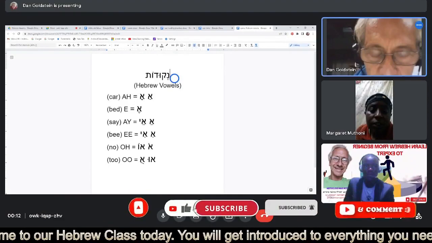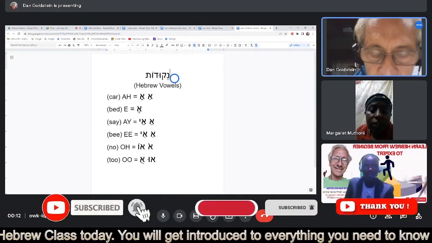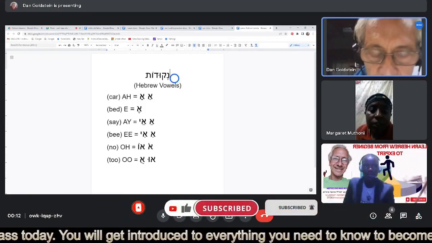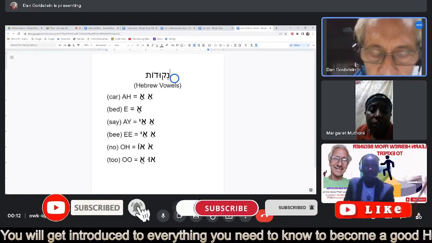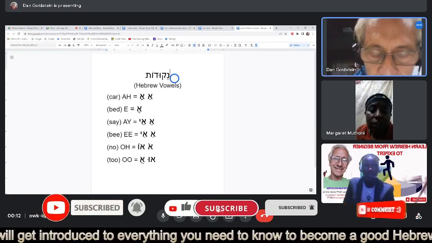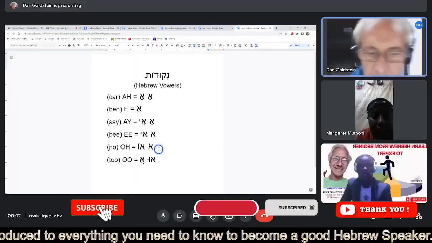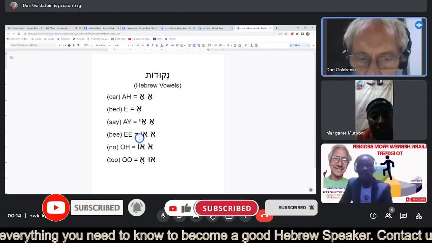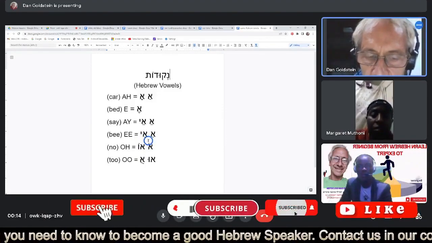The second line is e, as in bed. The third line is a, as in say. Then e, as in be. Then o, as in no. And take note that the vowel o can appear as a line with a dot over it, or it can simply be a dot above the Hebrew letter.